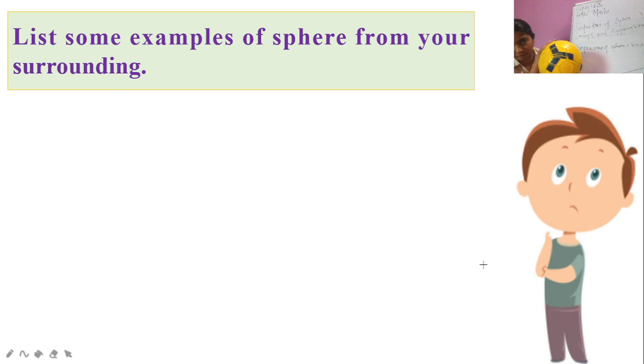Do we have any other sphere examples in our surroundings, if you thought about it? Yes, very good. So just write down your answer in the comment box. From there I can come to know what examples of spheres you have written in the comment box.